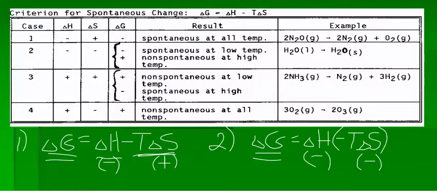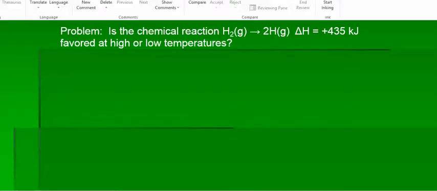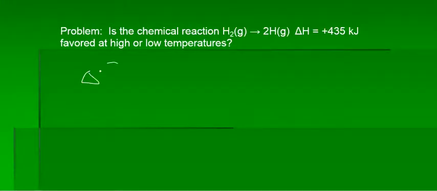Delta G will be negative at low temperature, and it will be positive at high temperature. That's case number 2. And you could do the same equation and apply that to cases 3 and 4 as well. So don't necessarily memorize those 4 cases. Just be able to plug in the values of H and S into this equation right here.